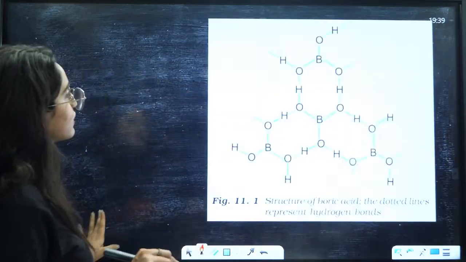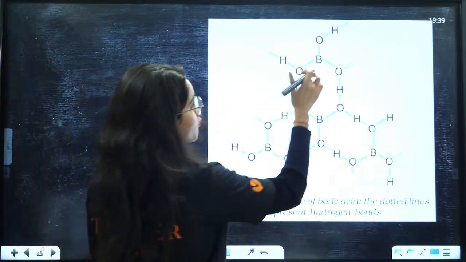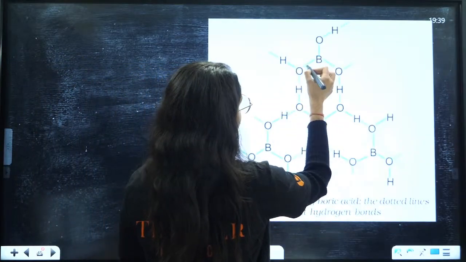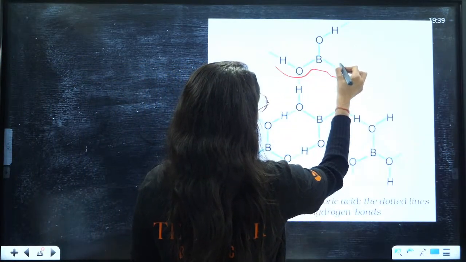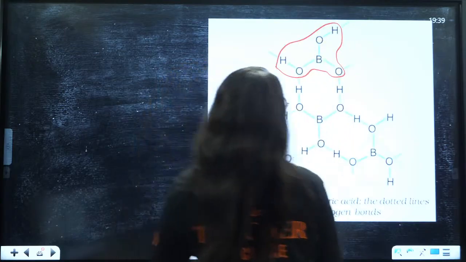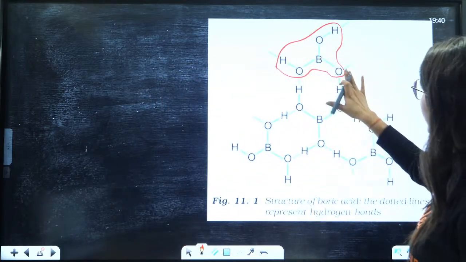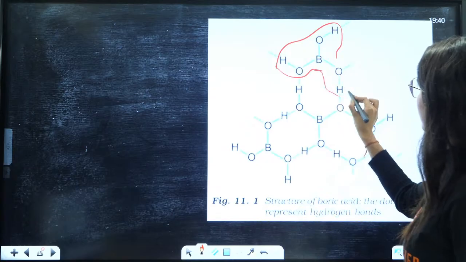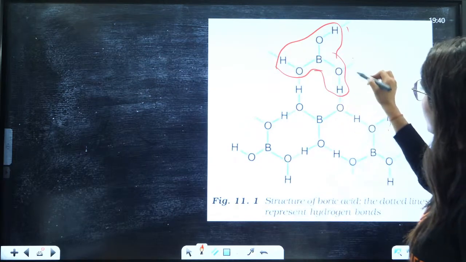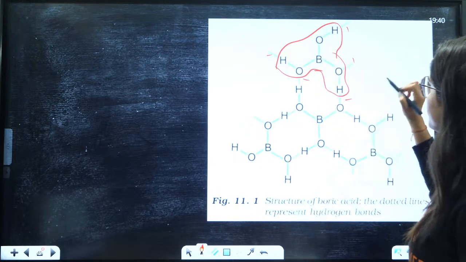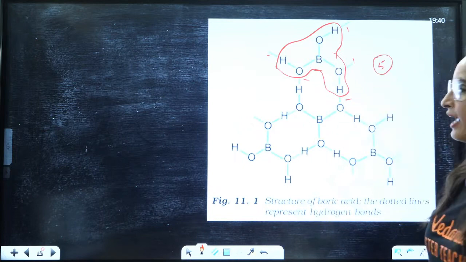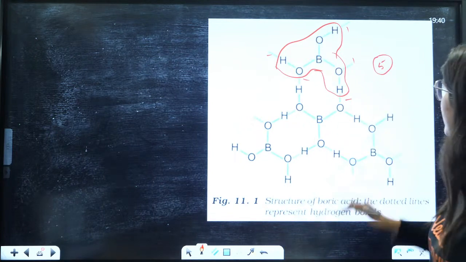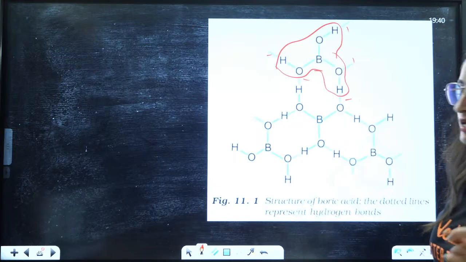As you can see in this figure, one molecule is linked to 1, 2, 3, 4, 5 hydrogen bonds.